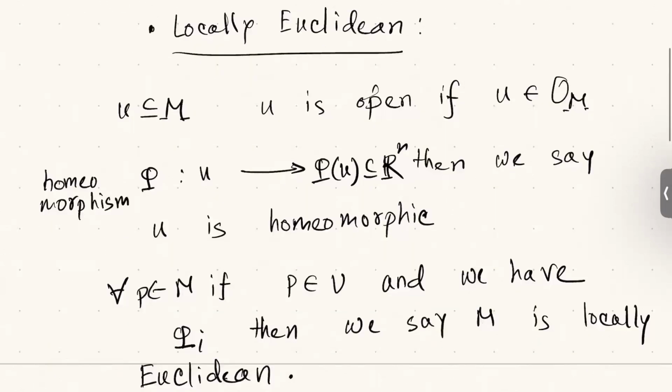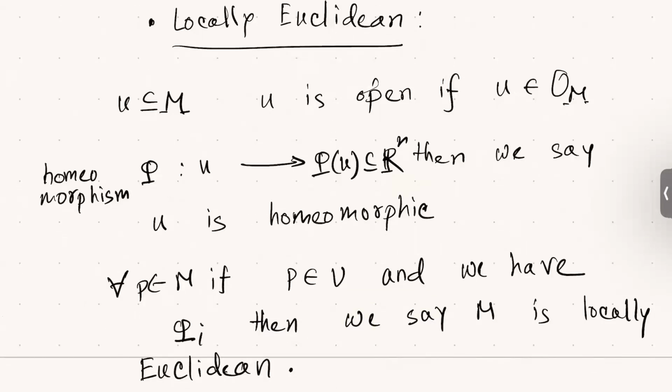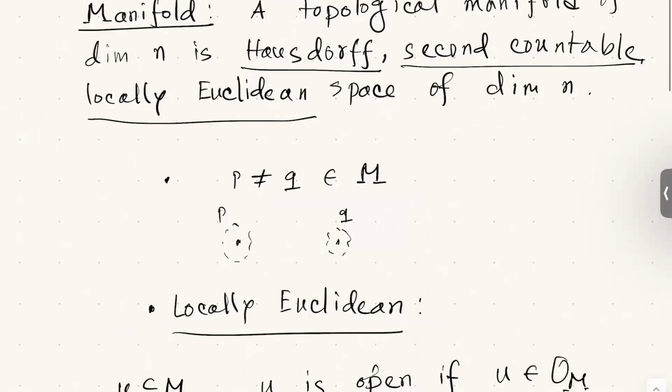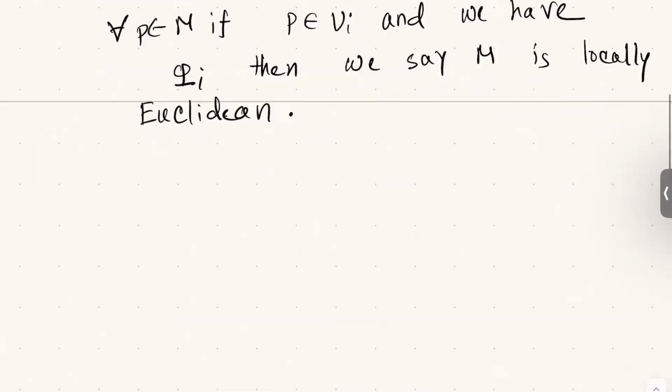So if I have this phi_i with this set U_i, then we say this topological space M is a manifold. Okay.